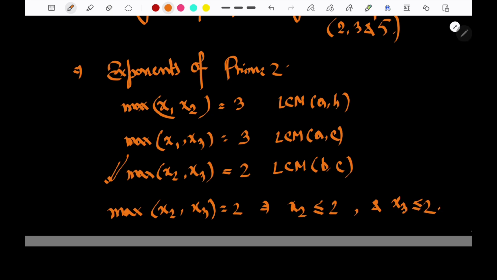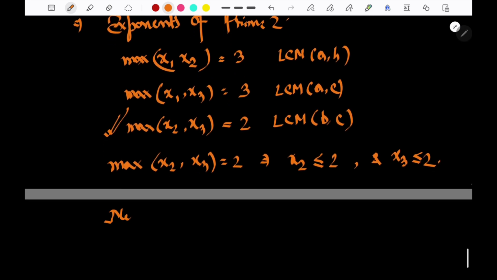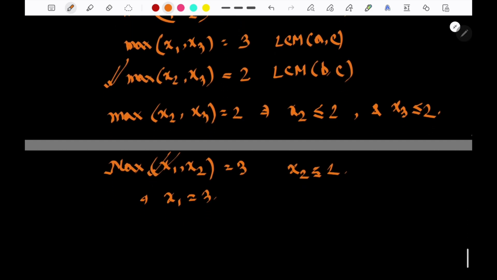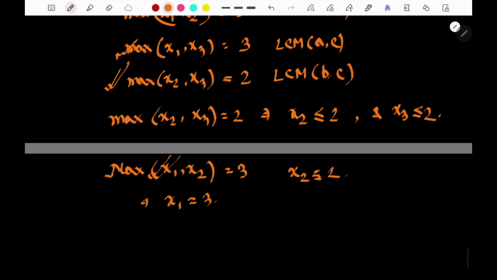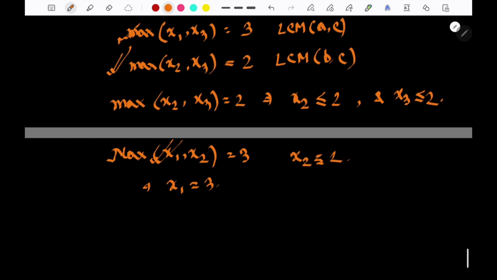Now if we look at maximum of x1, x2, this is given as 3, but x2 is less than or equal to 2, so x1 must be 3. This is the conclusion. Also maximum of x1, x3 is 3, correct.